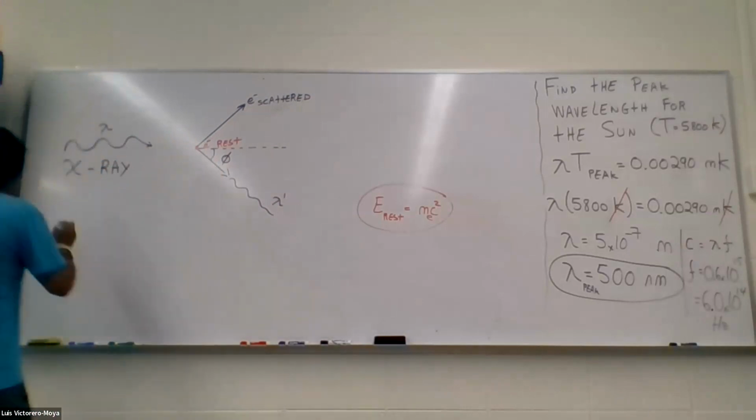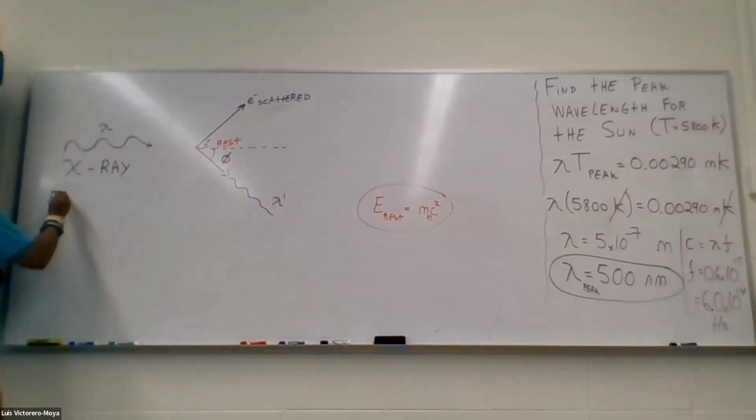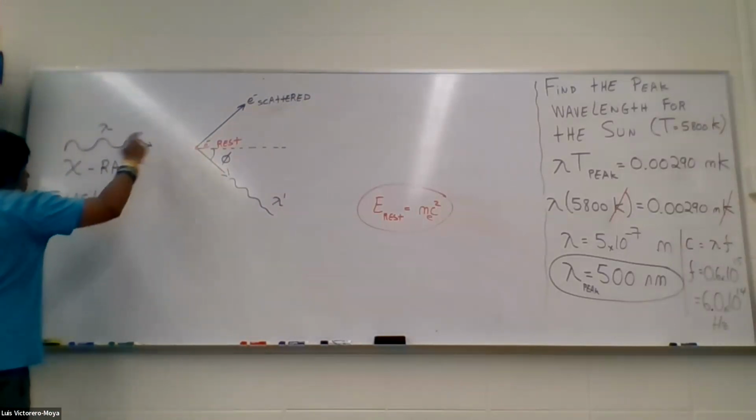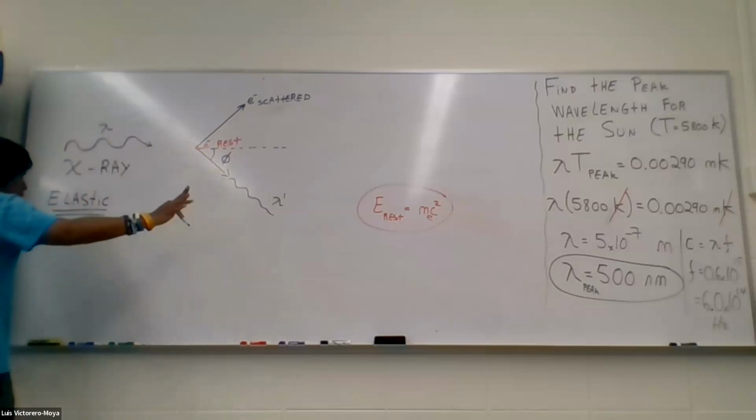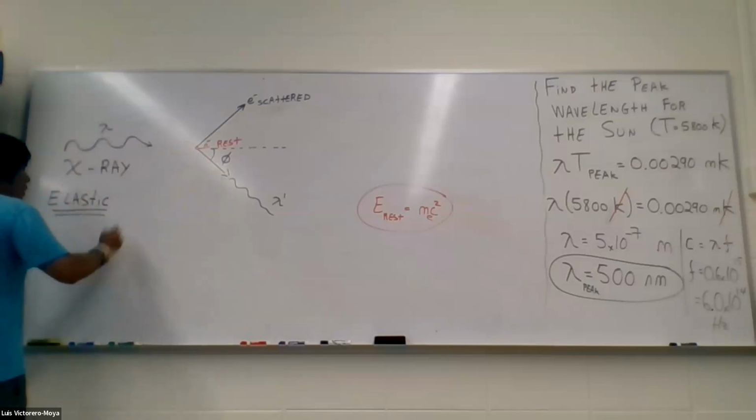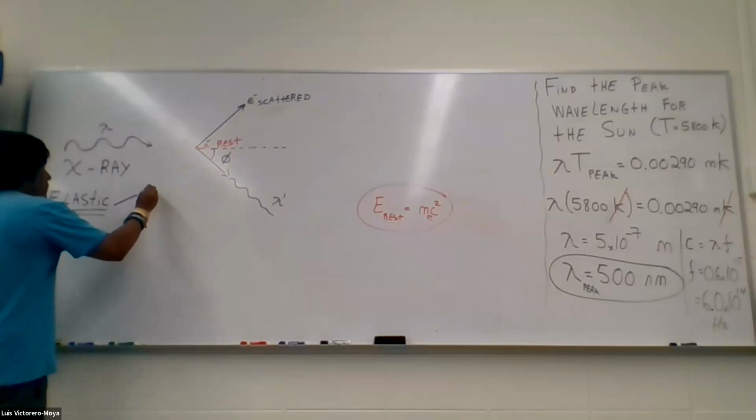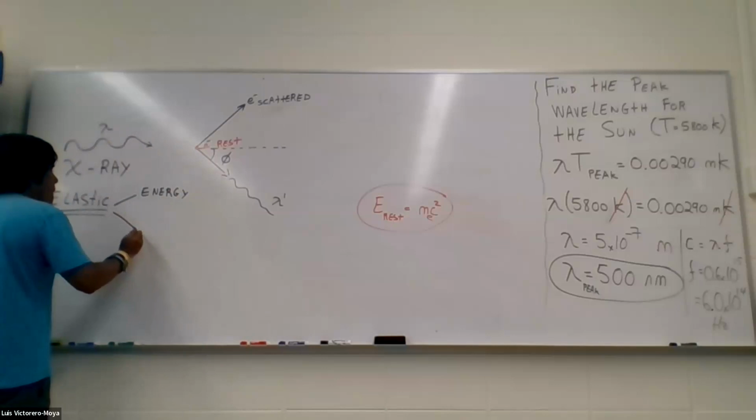If this is an elastic collision, and it is because we're talking about X-rays and subatomic particles, the electron, so there's no friction. So in elastic collisions, energy is conserved, and also linear momentum.